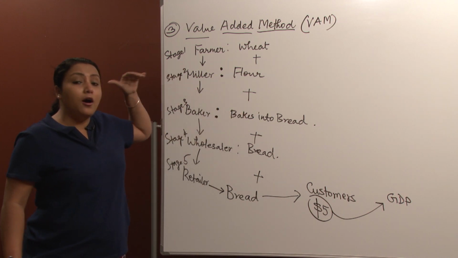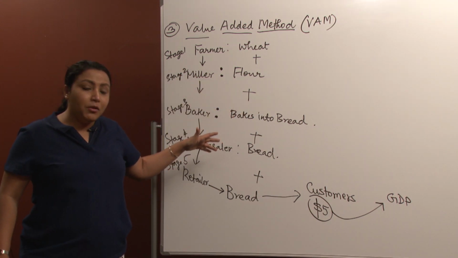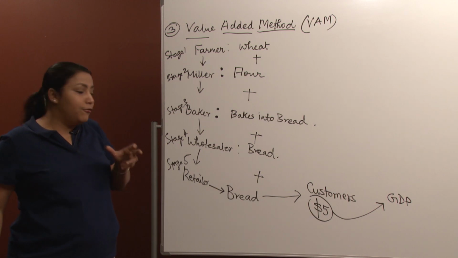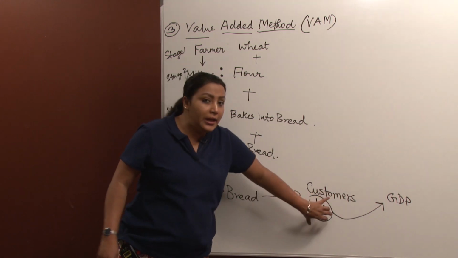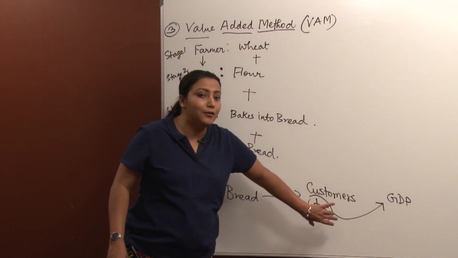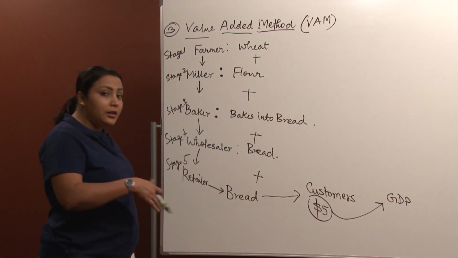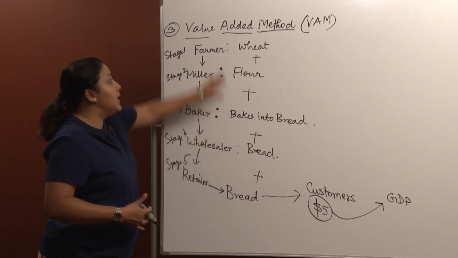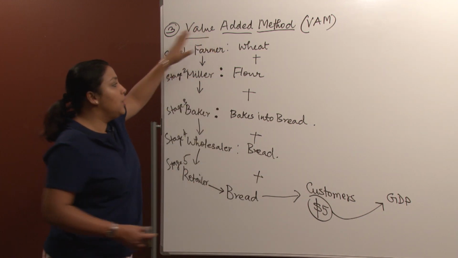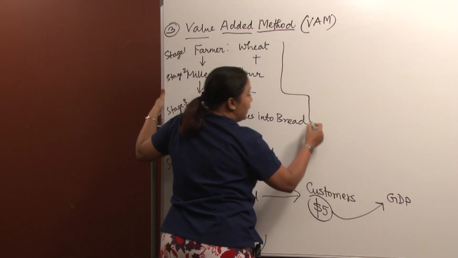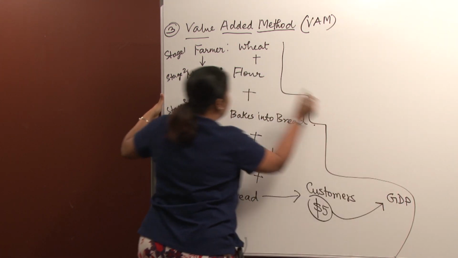So in order to avoid that confusion, we stick to the definition of final good and we only include the value of the final good at the last stage of production, or the alternative way of doing that is the value added method, where we calculate the value added at every stage of production.